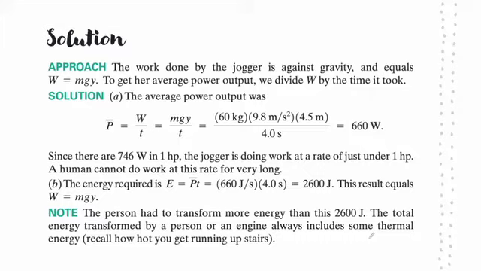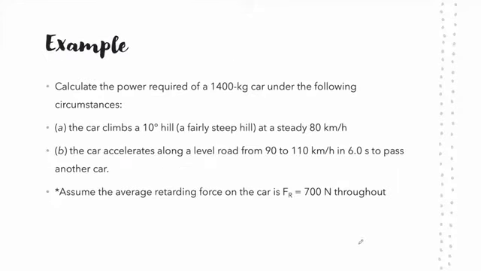All right. Now let's take a look at this example. Calculate the power required of a 1,400 kilogram car under the following circumstances. When the car climbs a 10-degree hill at a constant speed, remember that steady means constant, at a constant speed of 80 kilometers per hour.